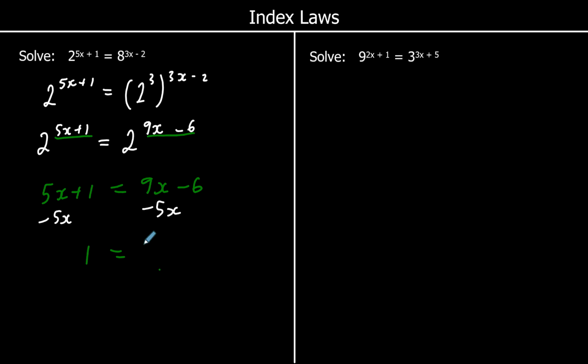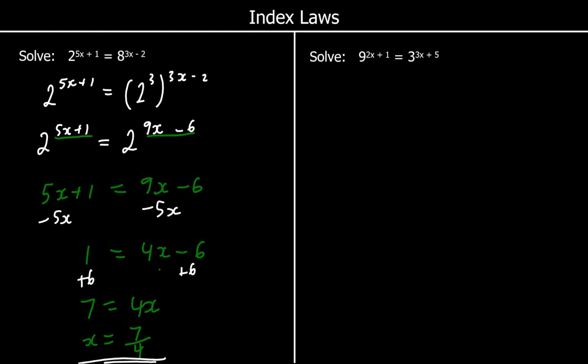We've got 1 equals 4x minus 6. Add 6 to both sides. 7 is 4x. X is 7 quarters. And that is our answer.